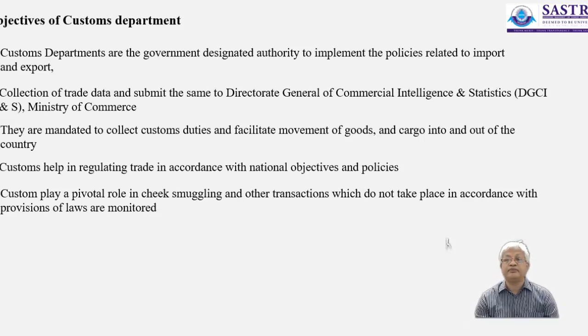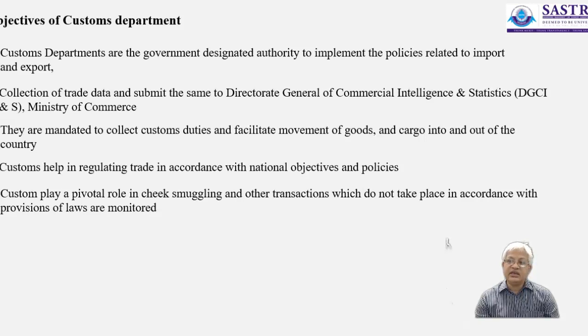Every government and a specific ministry have air customs, sea customs, land customs. So, we'll just give you a brief about what is the role of customs. The Custom Department are designated authority. It's an act of parliament by the government to implement policies related to import and export.